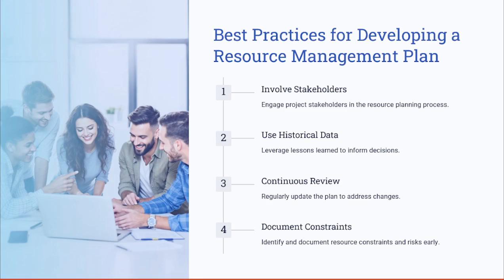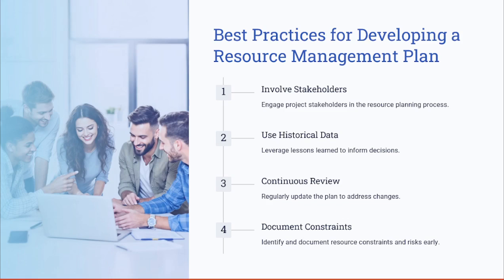Let's now have a look at the best practices when developing a resource management plan. Here are a few best practices for developing an effective resource management plan, including involving the stakeholders. Ensure engaging the project stakeholders early in the planning process and ensure that the resource requirements are aligned with their expectations. Also, you may like to leverage the historical data and lessons learned from previous projects to make informed resource decisions.